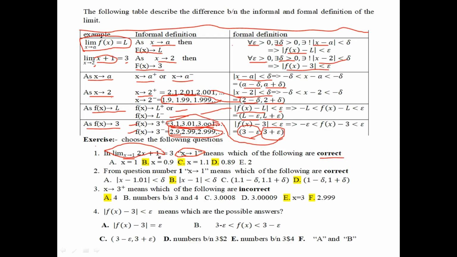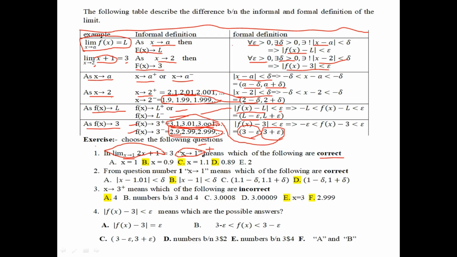This means that x approaches 1 from the left and x approaches 1 from the right. From the left means values between 0 and 1, and from the right means values between 1 and 2.